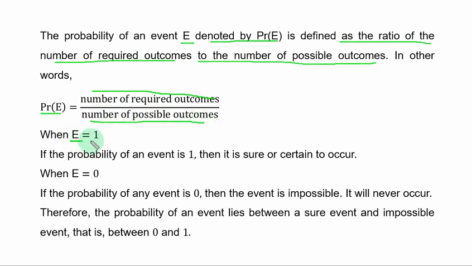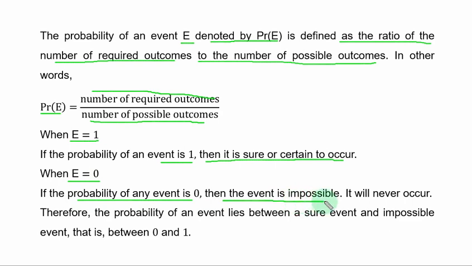When P(E) is equal to 1, if the probability of an event is 1, then it is sure or certain to occur. That event must take place. When P(E) is equal to 0, if the probability of any event is 0, then the event is impossible.